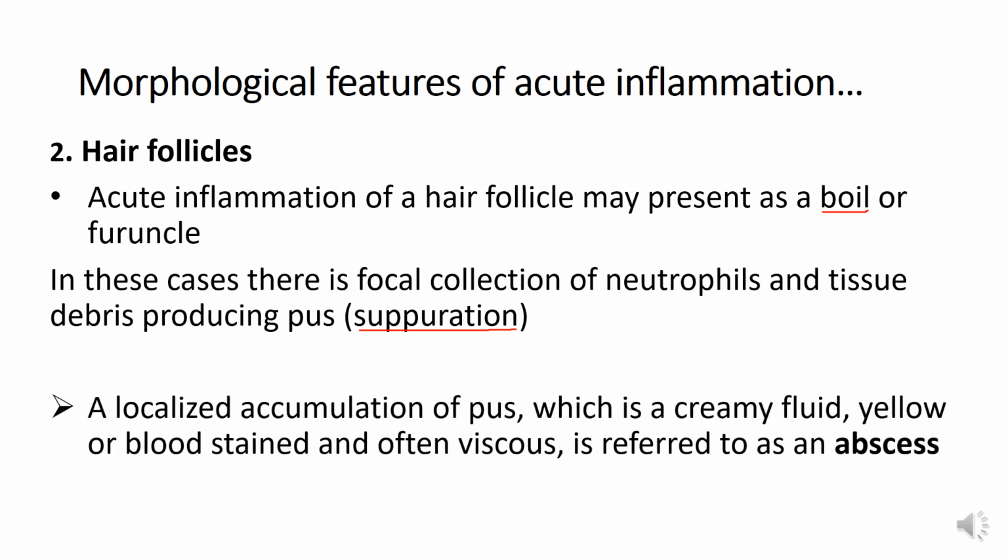Now, when suppuration occurs and there is a lot of pus accumulating in a site, that collection of pus is known as an abscess. And so an abscess can be defined as a whitish or creamish yellow fluid that may or may not be blood stained and is usually viscous in nature. Okay.